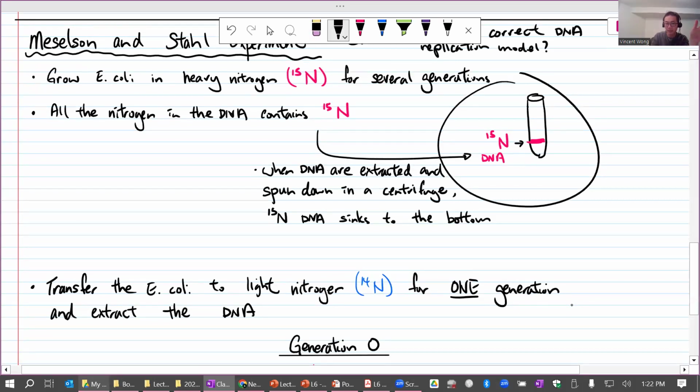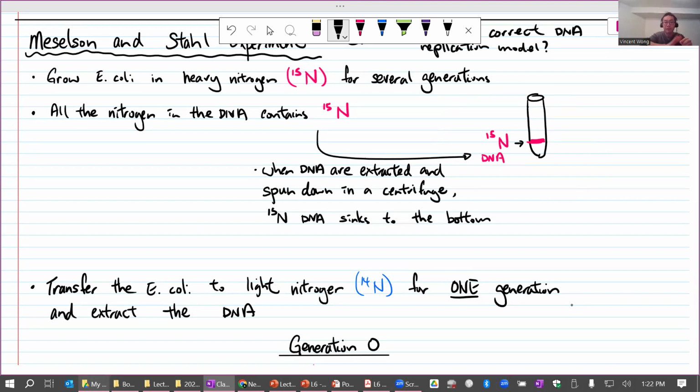You understand that part, right? Yeah. Only 15. And then they took that bacteria and put it into the N14 before they allowed it to split. So once they put it in N14 and it splits, from that point on, between generation 0 and 1, the only thing that they could put in the DNA is the N14. That's where it came from.